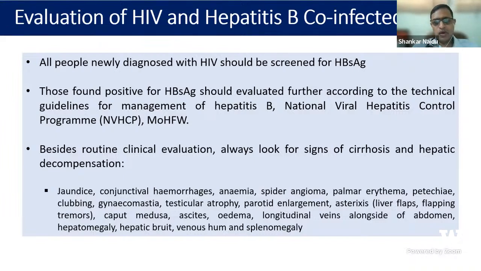And also we should look for the presence of signs of hepatic encephalopathy like liver flaps, and presence of other specific findings like presence of prominent and dilated veins over the abdomen, and the presence of hepatic bruit and venous hums.